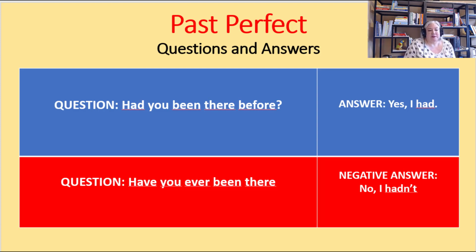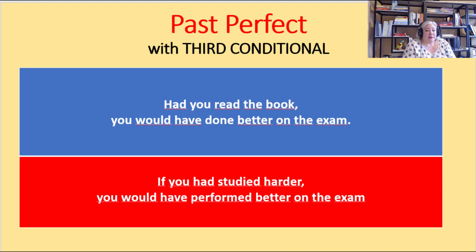No, I hadn't. And another use of past perfect is with the third conditional, which I'm going to be covering in an upcoming video. Had you read the book, you would have done better on the exam. If you had studied harder, you would have performed better on the exam.